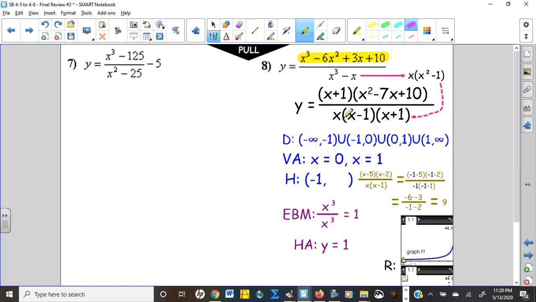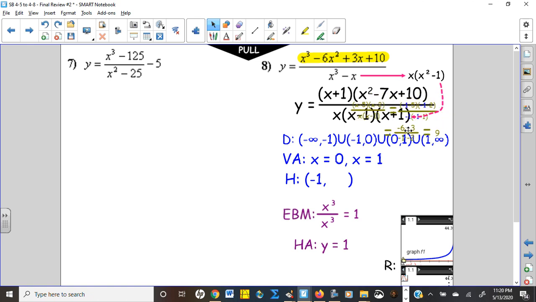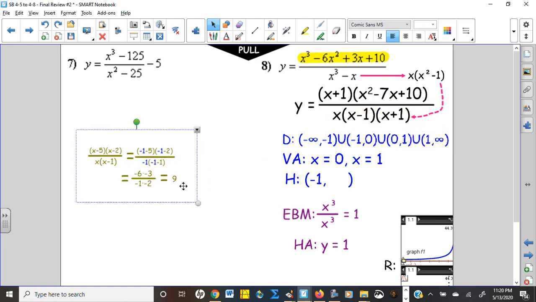I know the hole is at negative 1 something. At negative 1 what specifically? Well, that's where we come up here. We take the reduced function, so we get rid of those x plus 1s.